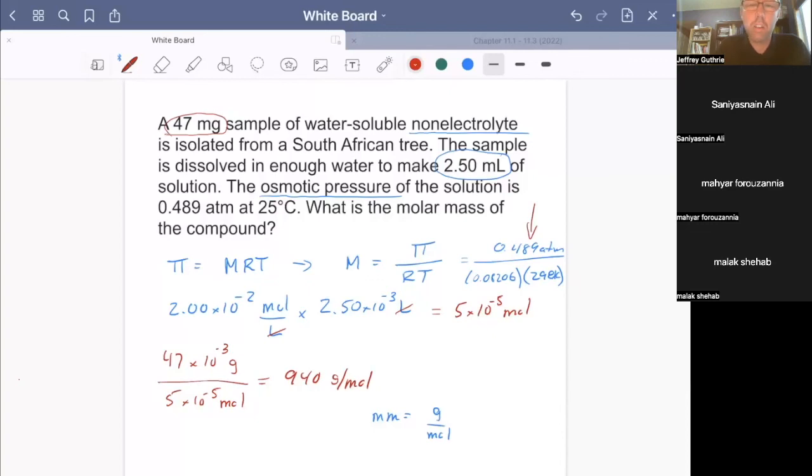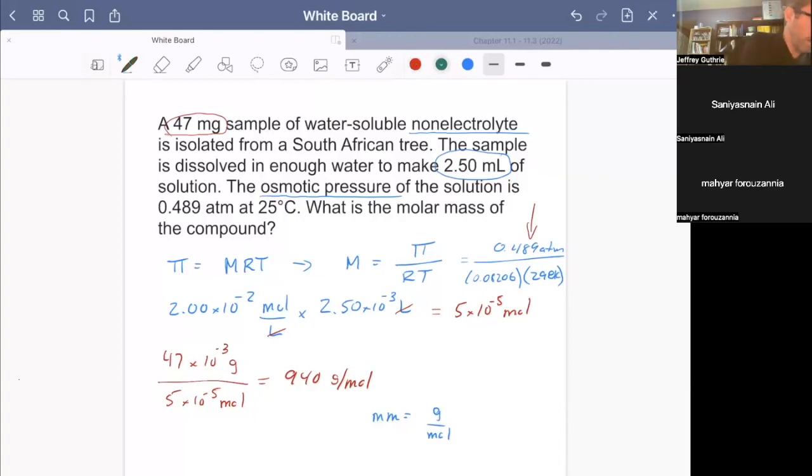Yeah, okay. And then the 2.50 milliliters, this guy right here. Why is that 10 to the negative third? Well, it's the same as this, right? You could write it as 2.5 milliliters, or you could write it as 0.0025 liters. Oh, you have it in liters. Okay.